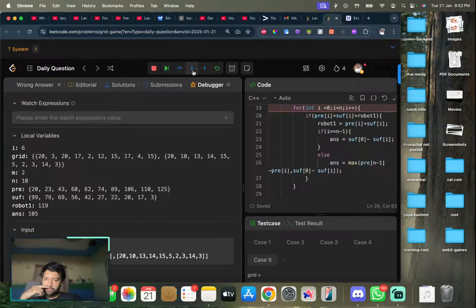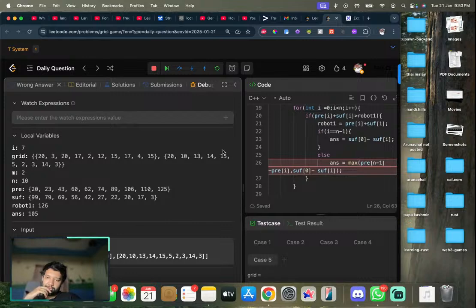That goes. 126 goes. 126. Nope. 125 minus 106 is 19, which does not work.